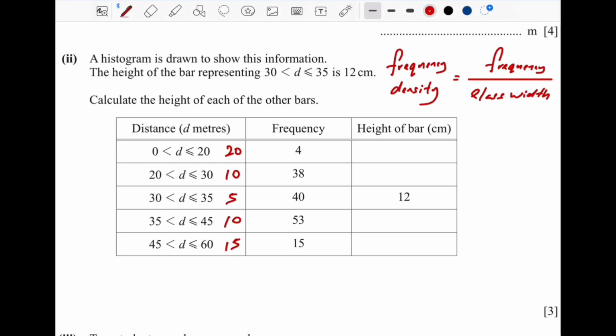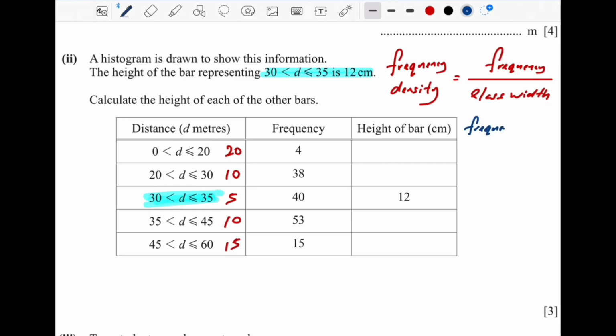So if I want to find the density, since we are given this information, we look at this first category. We have 40 frequency, divided by 5, that's the class width, so that will be 8. 40 divided by 5 is 8.